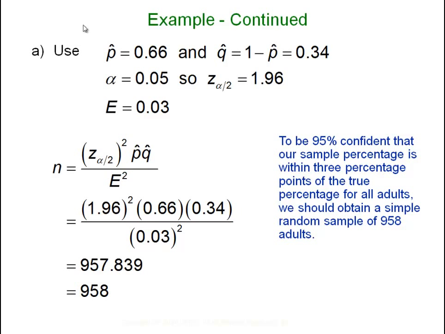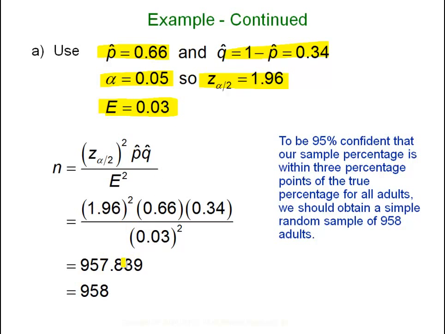So in our first example, there's our 66% for p hat. We figure out what q hat is. We're setting alpha to be 0.05, because we're 95% confident. So our z is 1.96. That's one of those critical values that we use over and over and over again. We want our margin of error to be 0.03 or less. We want to be within 3 points in both directions.